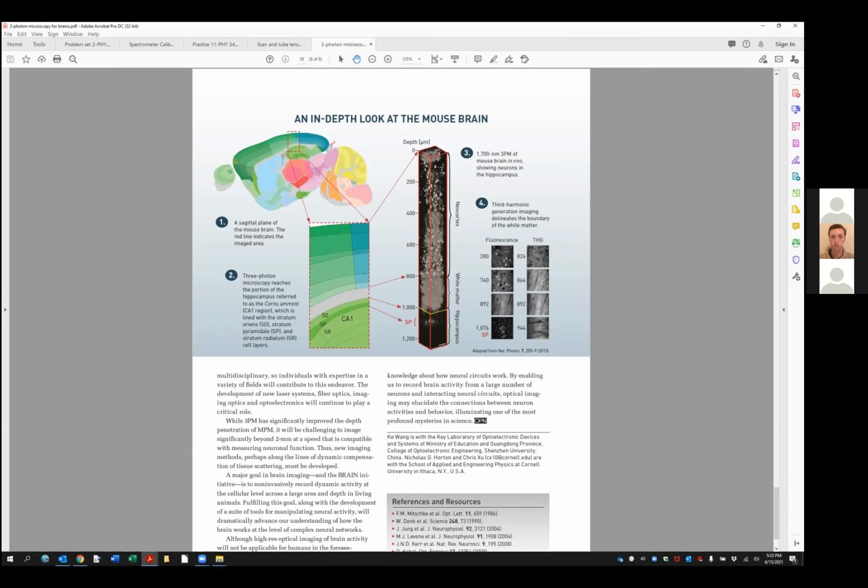You could watch a mentally ill mouse walk around its cage, engaging in activity, and see what is happening in different layers of the brain. And that is a tremendous thing to know, what is happening in the brain of a mammal with mental illness while it's engaging in some semblance of normal activity. I think it's pretty obvious why we would like to know that. So that's why this stuff matters.